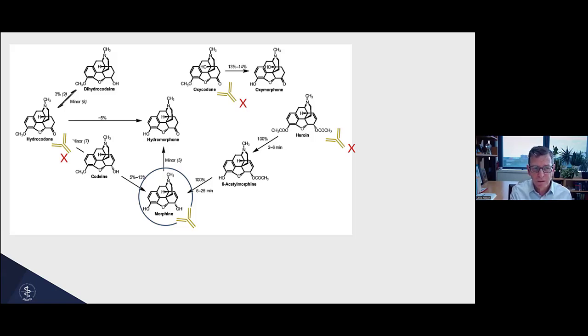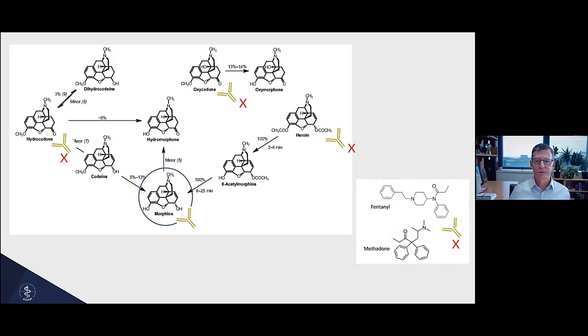So you might need a higher concentration of hydrocodone, for example, for the antibody to trigger positive. And for oxycodone, you might need a higher level still, right? And for heroin, it might not find it at all, right? And we know it doesn't find heroin. We know it does find oxycodone at very high levels. And each of these tests differs a little bit. So I would recommend that wherever you work, you need to look at the profile of the test that you use in order to really understand its performance characteristics.